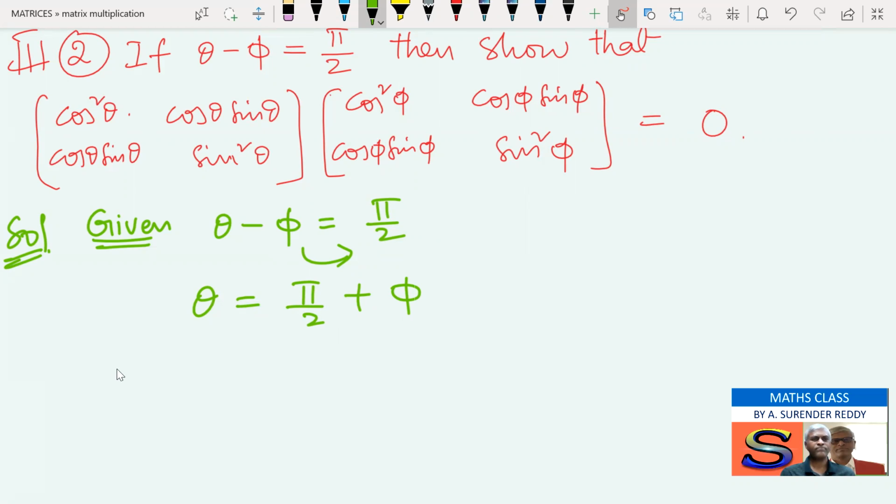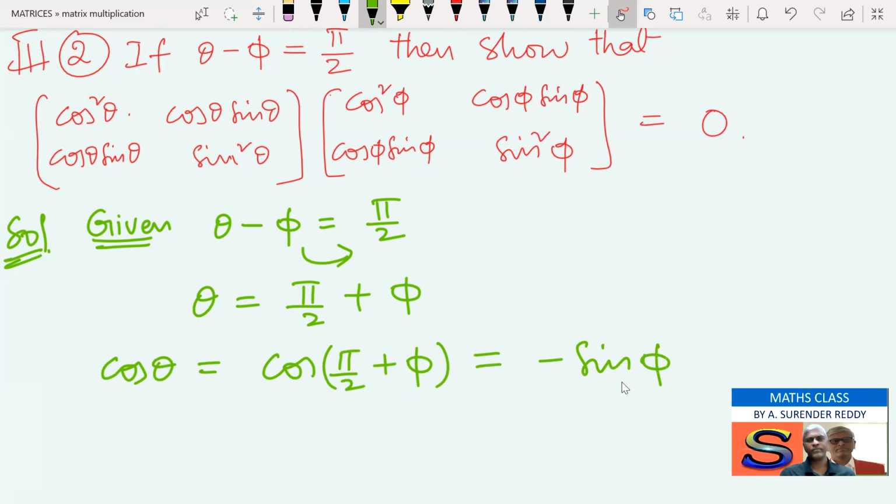So now cos theta is equal to cos of pi by 2 plus pi. So this is equal to minus sin pi.